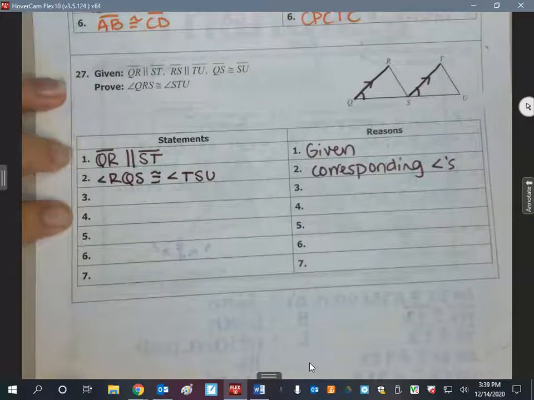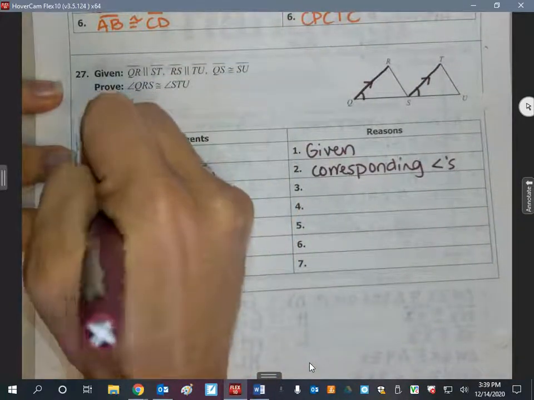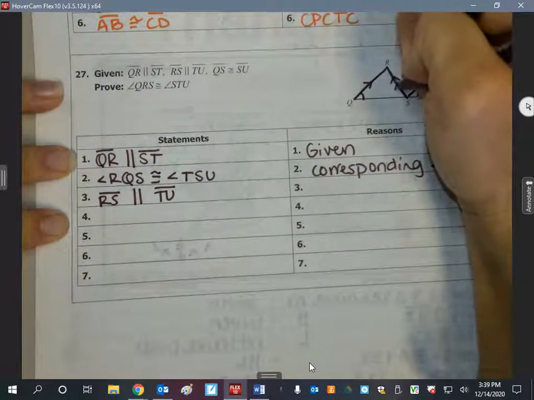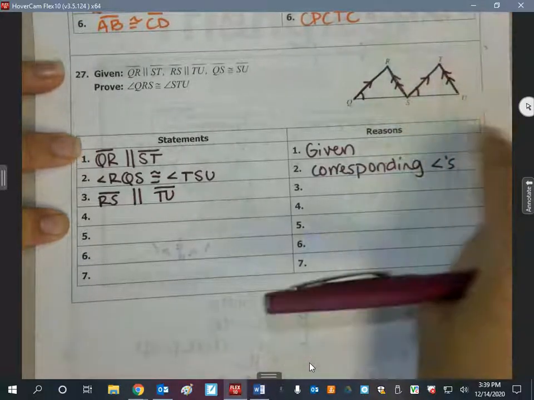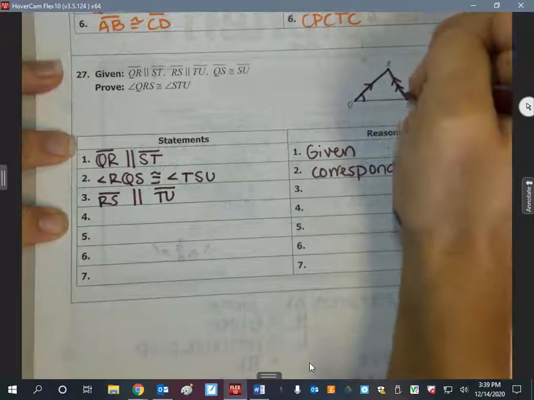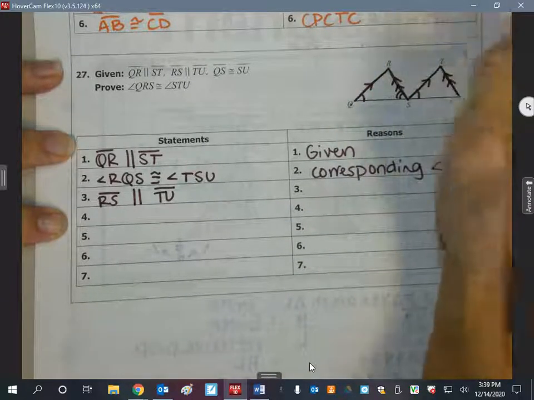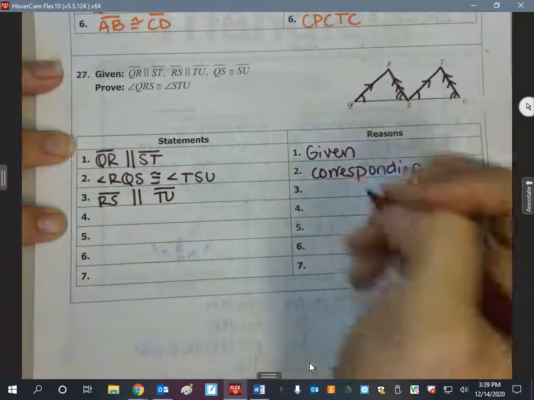by corresponding angles. Then it says RS is parallel to TU. RS, two arrows this time, parallel to TU. And again, we got the same thing going on. We've got this angle, angle RSQ, and this angle, angle TUS, are also corresponding angles.